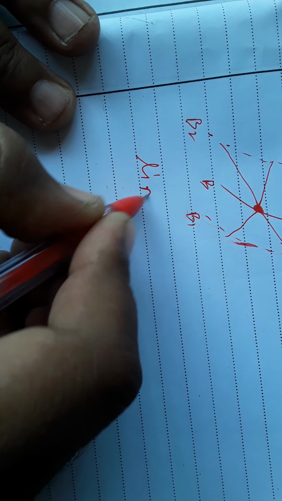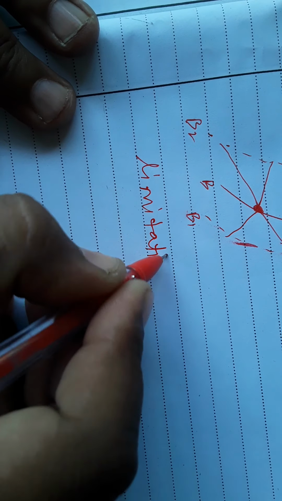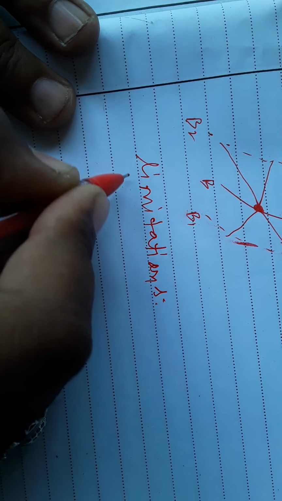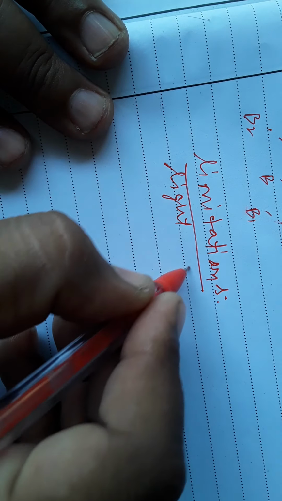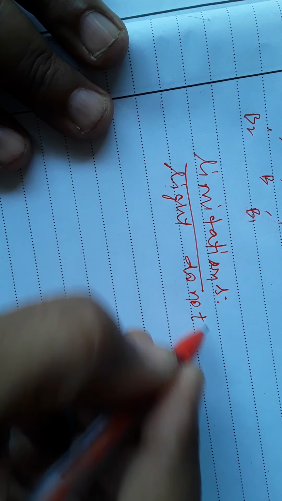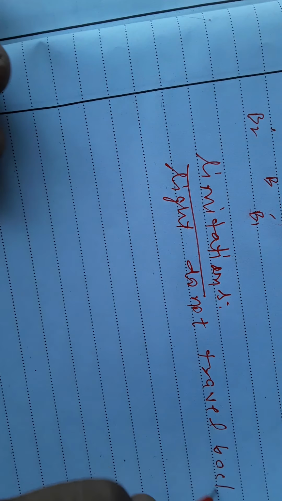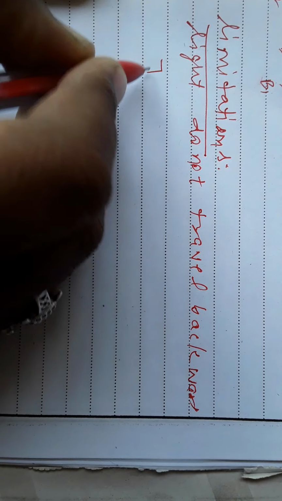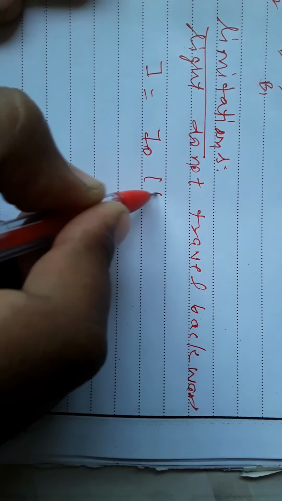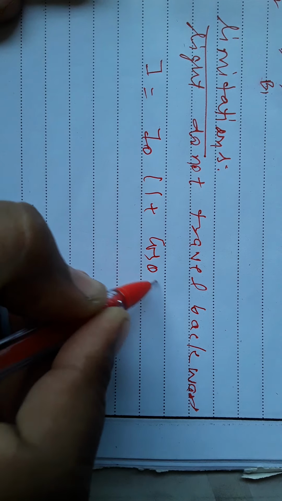What are the limitations of the Huygens principle? Light does not travel backward because intensity of a light I is equal to I naught into 1 plus cos theta.